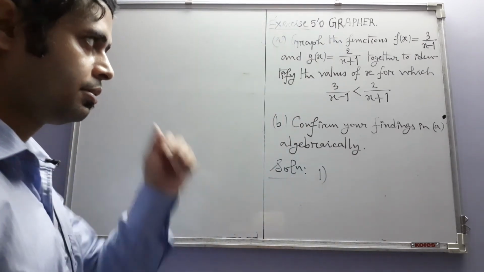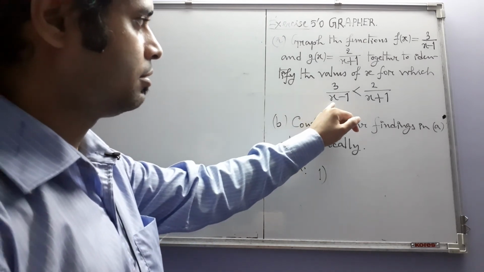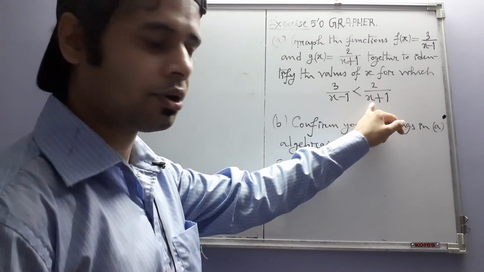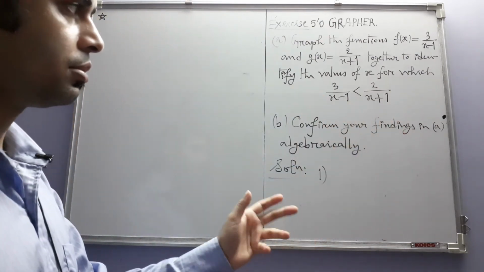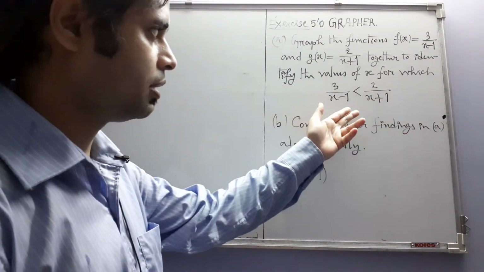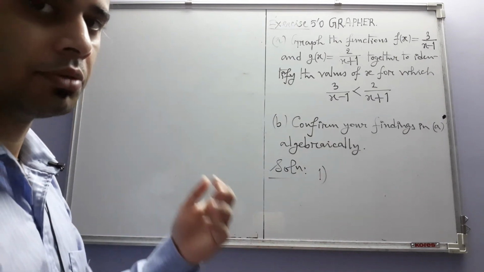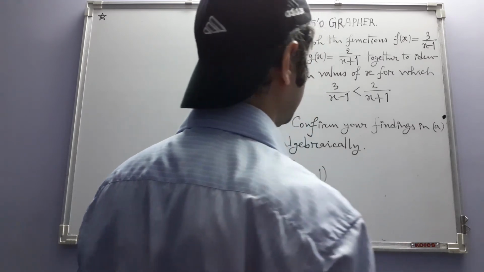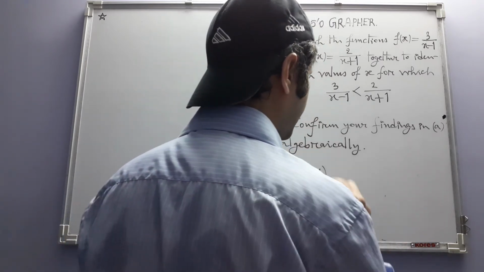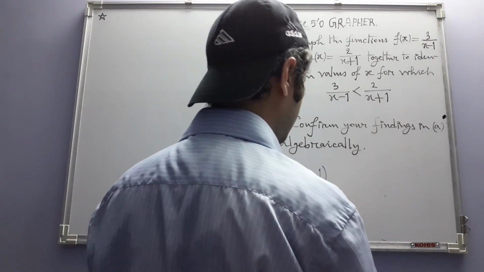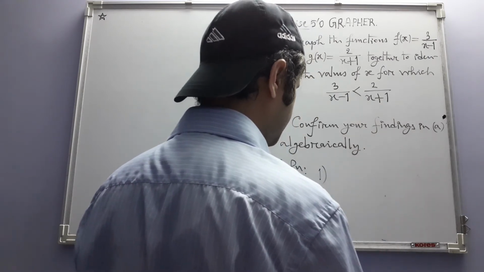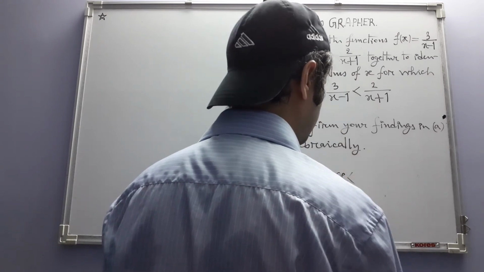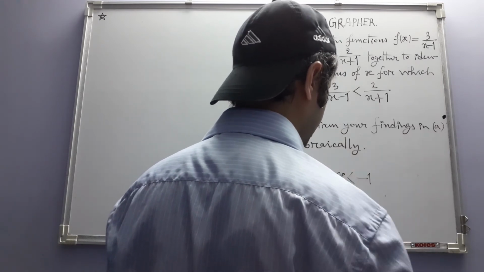Note that x cannot be minus 1 or plus 1, because those things will create zero denominators and we will be in a problem. I mean, at that point things will be undefined. So x can be strictly less than minus 1. Let's start from the negative side. x is strictly less than minus 1.